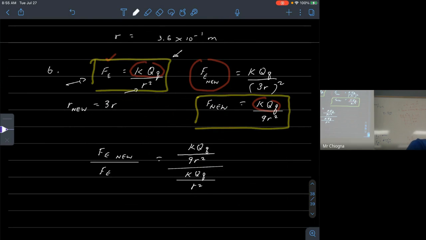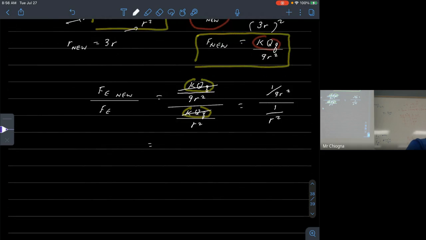What's common to top and bottom? This is common to the top. This is common to the bottom. They will cancel each other out. So I just get 1 over 9r squared divided by 1 over r squared.